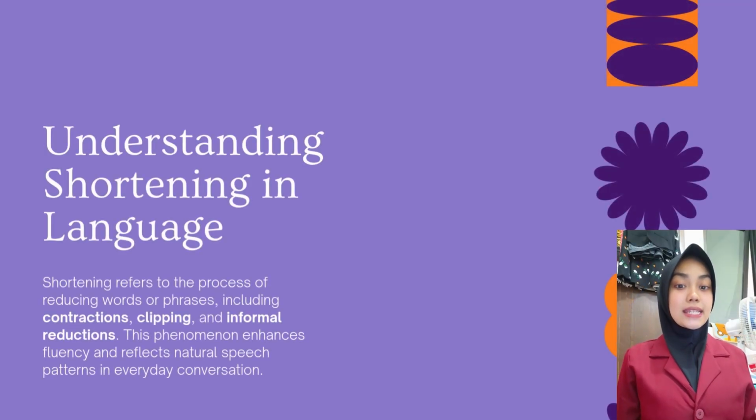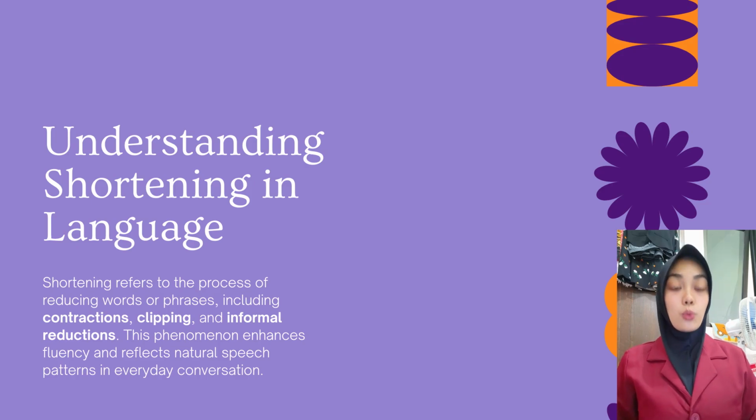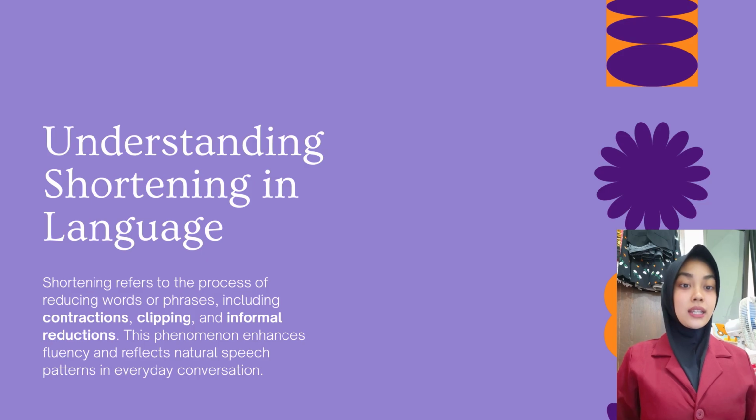Here, there is understanding shortening in language. Shortening refers to the process of reducing words or phrases, including contraction, clipping, and informal reduction. This phenomenon enhances fluency and reflects natural speech patterns in everyday conversation.